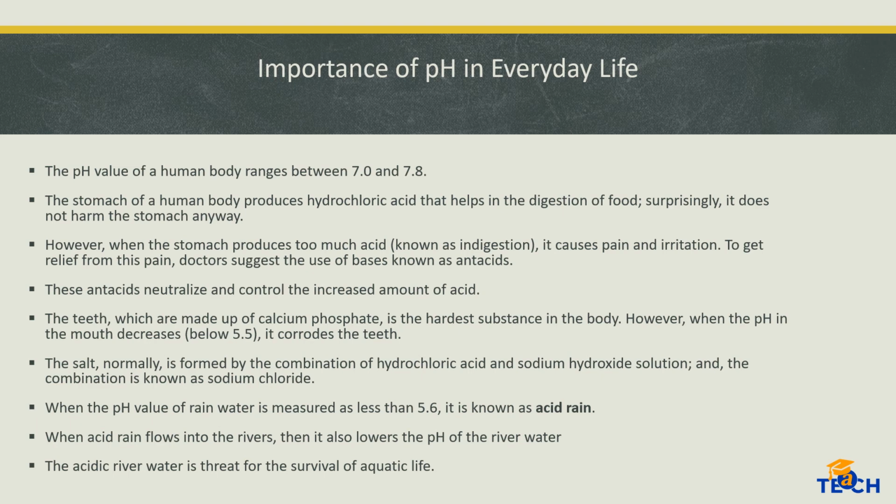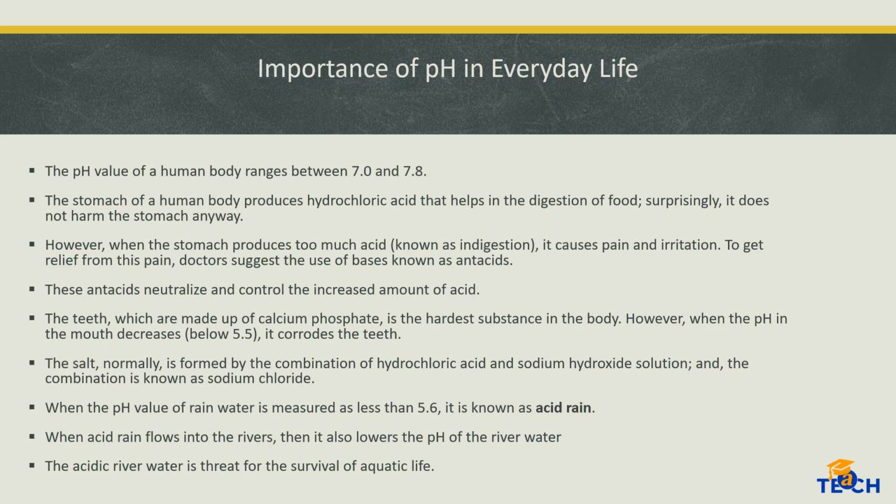The teeth, which are made up of calcium phosphate, are the hardest substance in the body. However, when the pH in the mouth decreases below 5.5, it corrodes the teeth. The salt, normally, is formed by the combination of hydrochloric acid and sodium hydroxide solution. And the combination is known as sodium chloride.